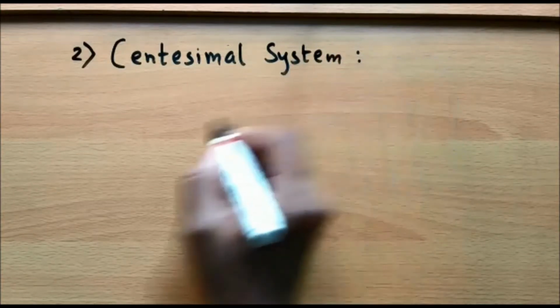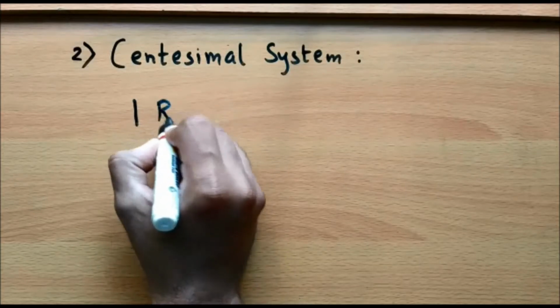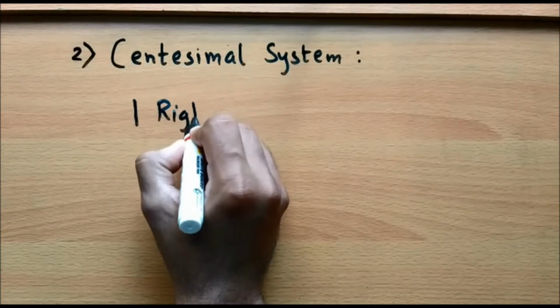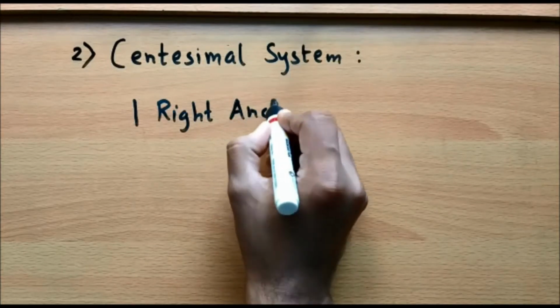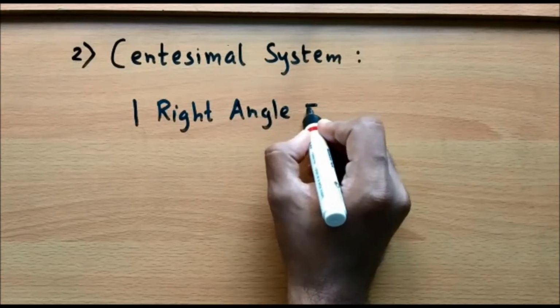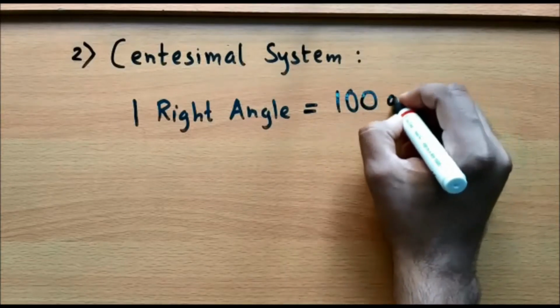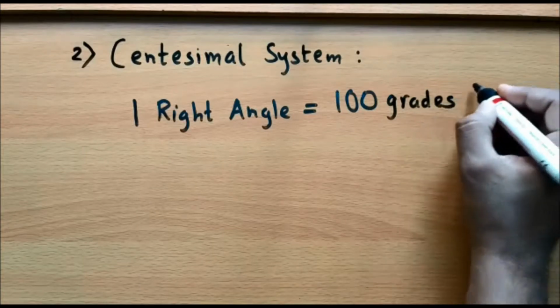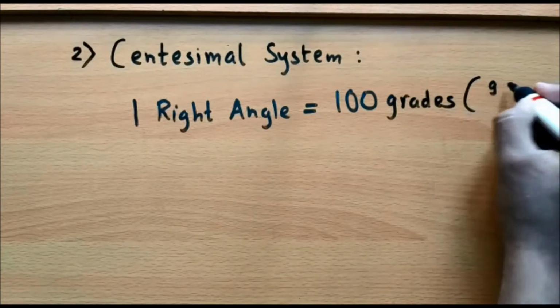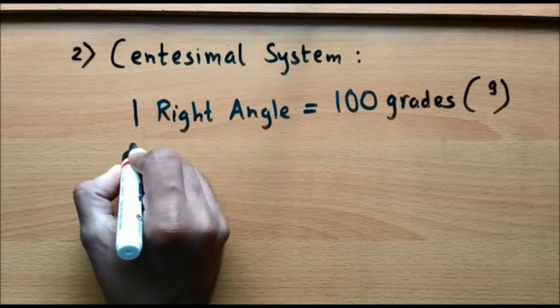Now in this case, one right angle is divided into 100 equal parts, and they are called grades. Some people also call it gradients. For the symbol, it's a small g at the top. So one right angle is 100 grades.